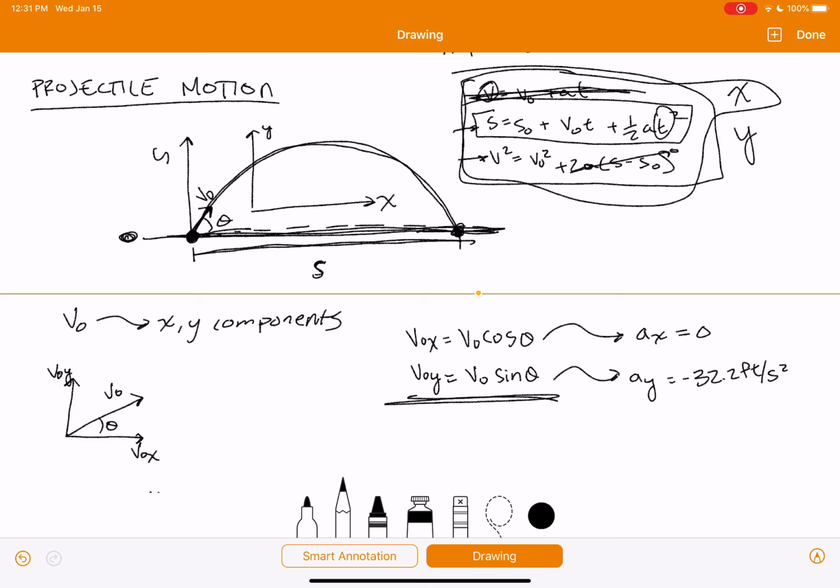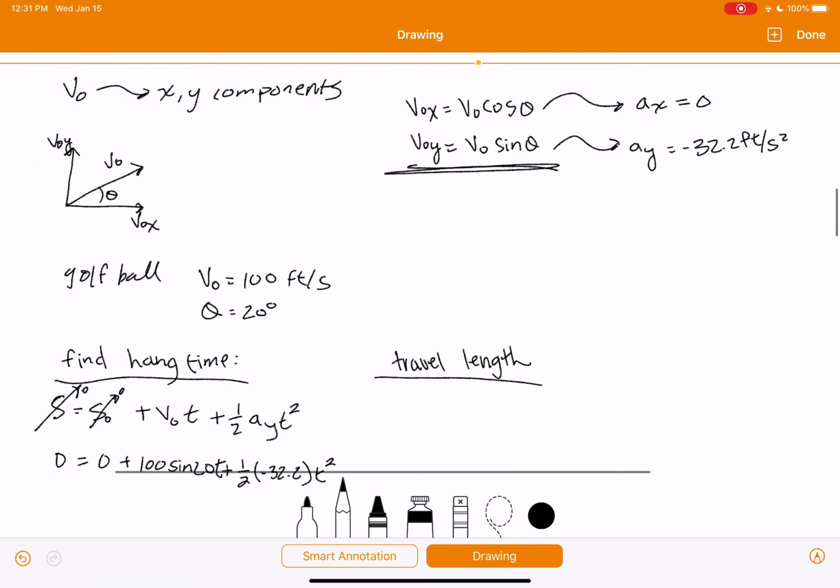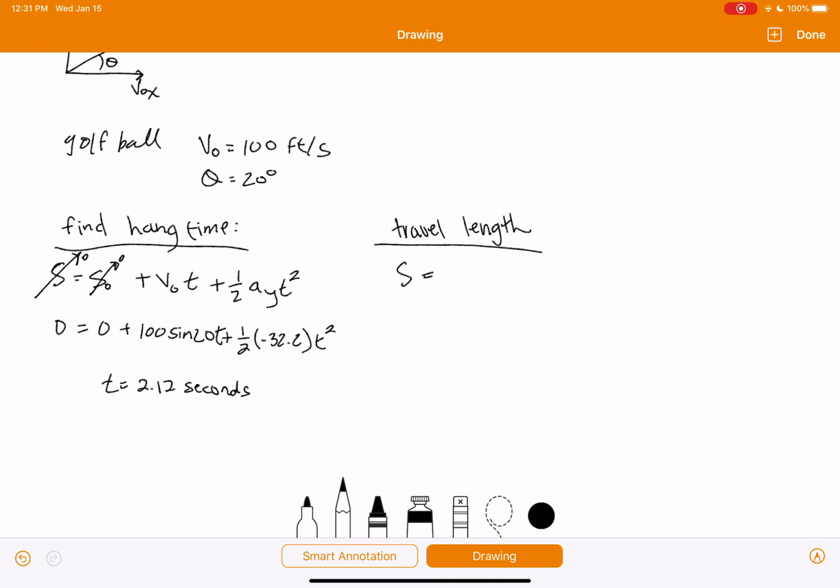So we can't use that one because it gets rid of our s, so we're going to go ahead and use this one again. So s equals s naught plus v naught t plus 1/2 a_x t squared. Now, if you remember, a_x is 0, so that whole thing's going to go to 0.